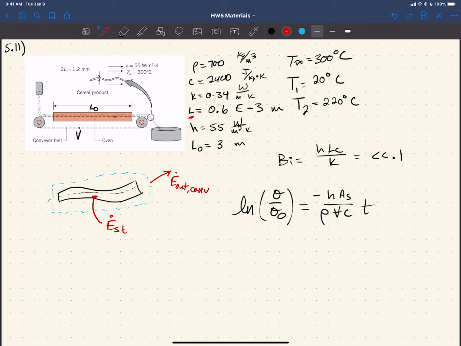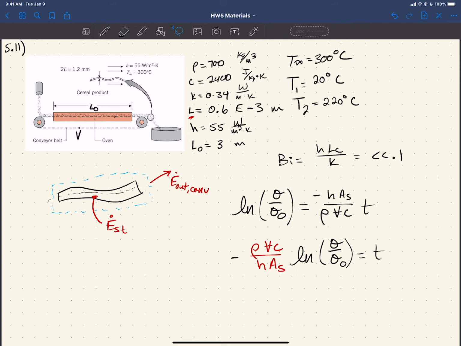We know our initial temperature, we know the temperature we have to get to, we know everything else, so we can actually solve for the time now. At the beginning of the problem, it's like, how am I going to figure out the velocity? Well, when we get the time, you'll see where I'm going with this. I don't know why I wrote that in another color. Theta naught is equal to T.